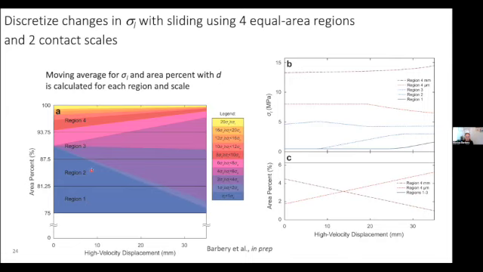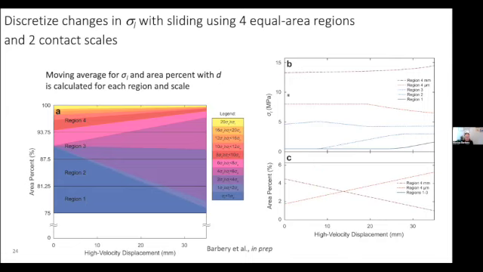For the bottom 3 regions, since it's only weakening at the asperity scale, it's always equal to 6.25. For the millimeter and micron scale regions, for the micron scale weakening, it's an increase with displacement. For the millimeter scale weakening, those high stress contacts, they're actually decreasing in area percent with displacement.